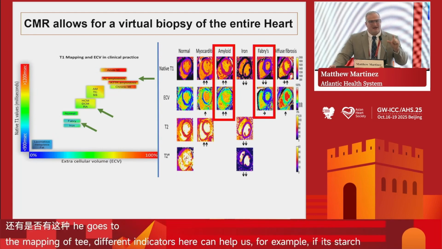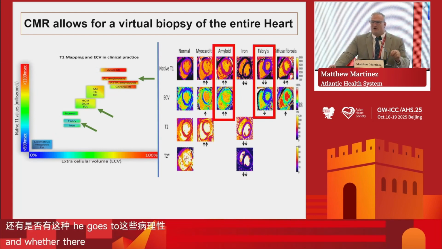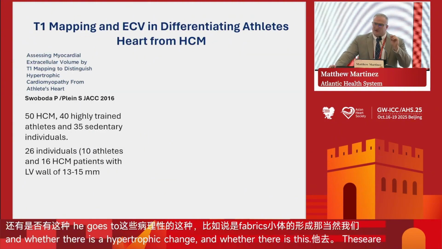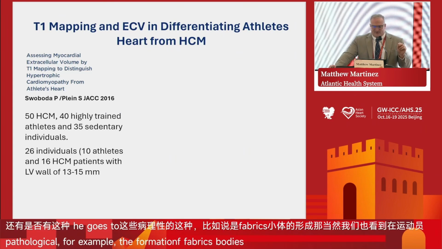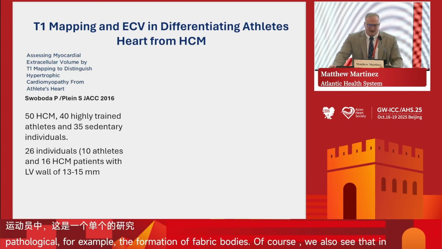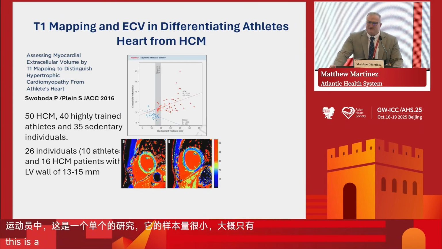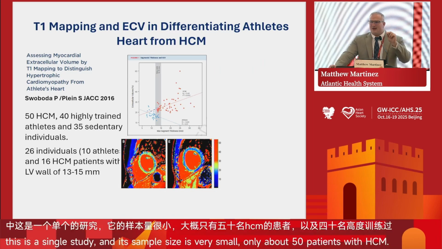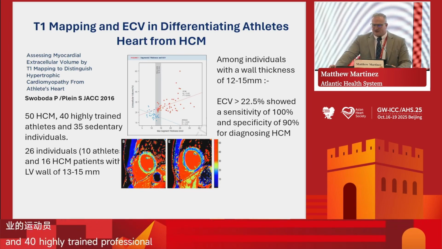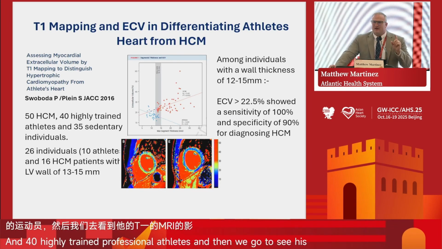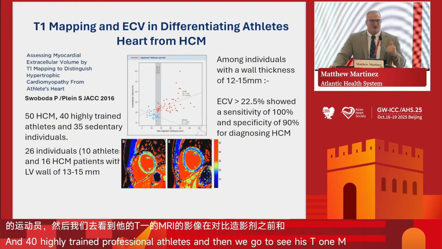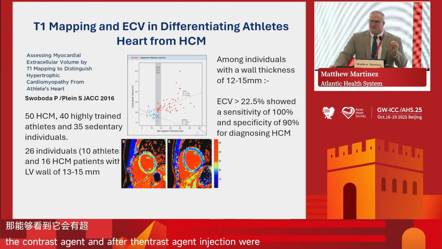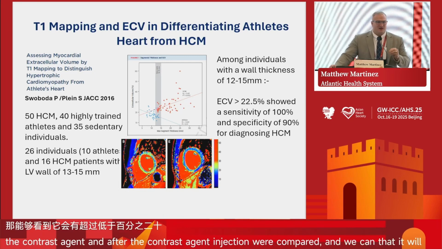So using cardiac MRI in those with thicker hearts is important, but it's also important in the athletes. This is a single study, although small, looking at 50 patients with HCM and 40 highly trained athletes, and the use of ECV specifically. So T1 map pre-contrast, T1 map post-contrast, calculating an ECV, and you can see that if an ECV value was under 22%, this was much more likely to be physiologic hypertrophy compared to pathologic hypertrophy.